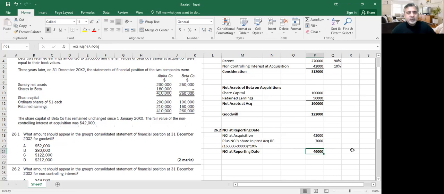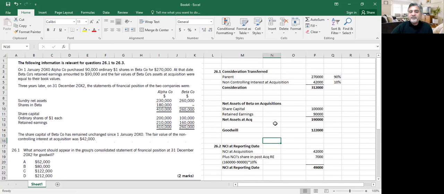Now, I just ask you one question. You and I, we worked together for 3 years. How much profit did we make together? Can you tell me? How much profit have we made together in these 3 years? Can we see from these numbers, from this balance sheet? If we join this information, can we see how much profit we made, Beta company? 70,000.